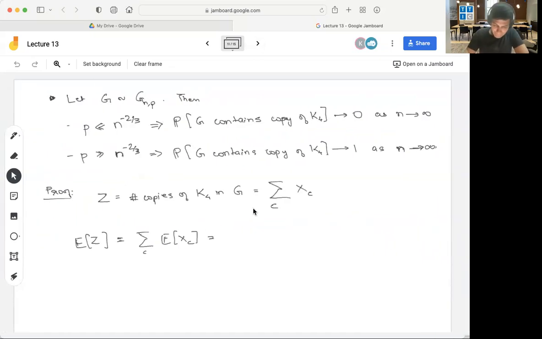that's just our definition of what it means to say that G contains H. And an interesting phenomenon is that there is a certain kind of threshold for this probability, in this case, n to the minus 2/3. When P is, and by this notation I mean that the limit of P divided by n to the minus 2/3 goes to 0 as n goes to infinity.